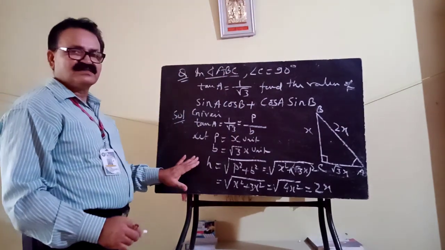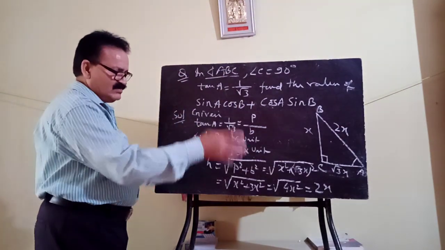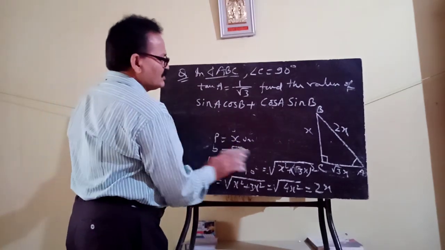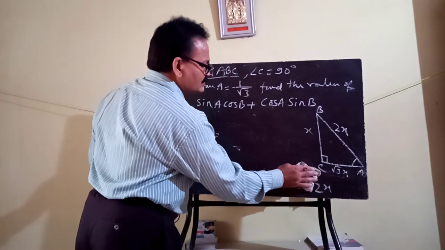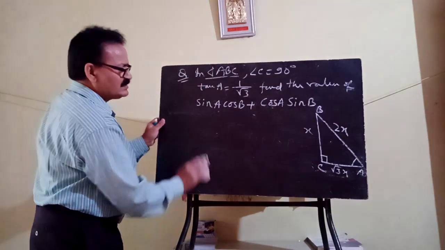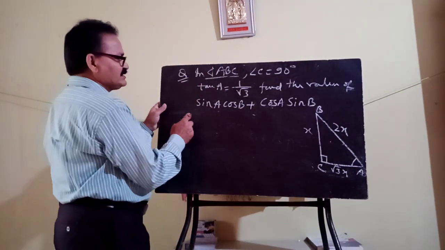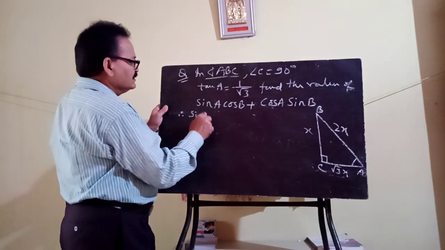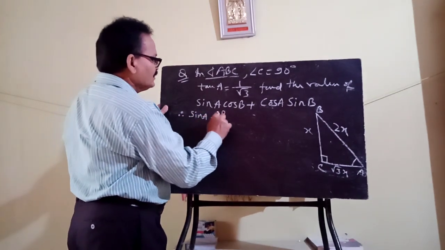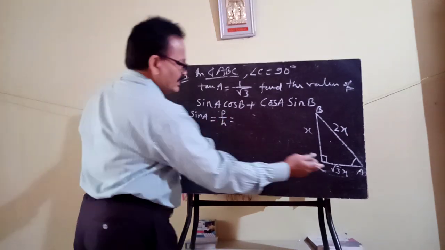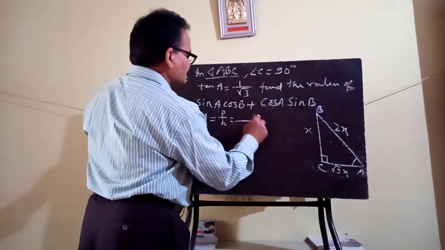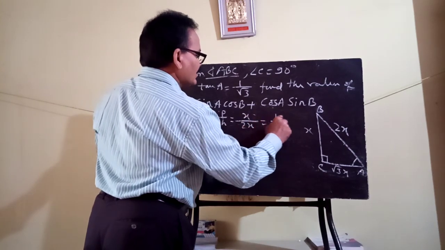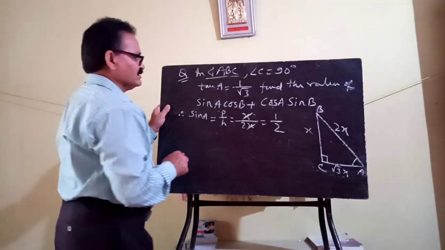You have got it? Okay. Now I have to remove it for finding the values. After finding this, you have to find sin A. Sin A equals P by H. For A, P is x and H is 2x, so the value is 1 by 2; x is cancelled.